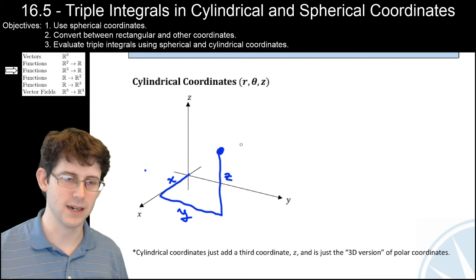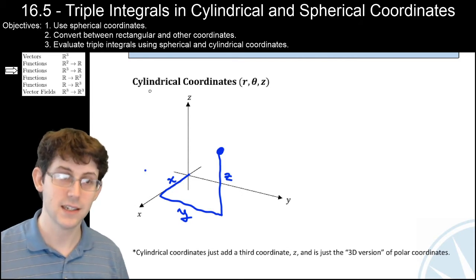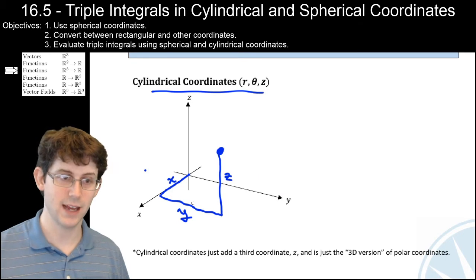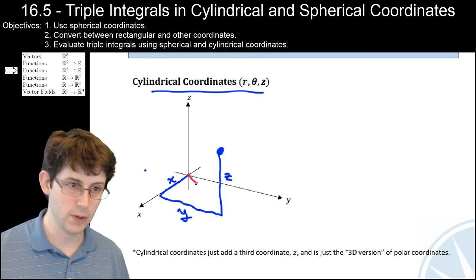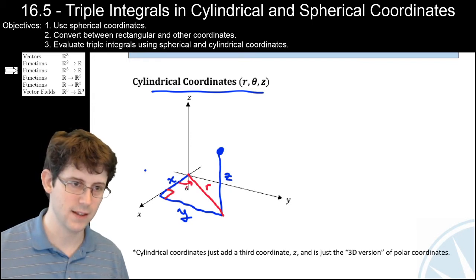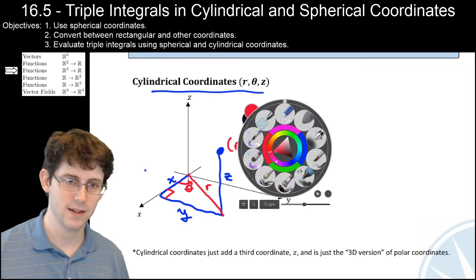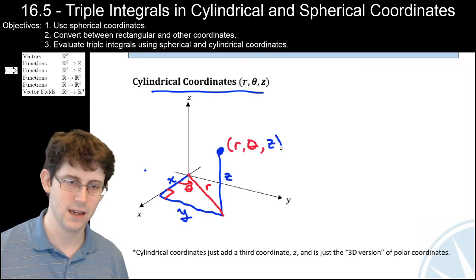You get some point up here, call it x, y, z. In cylindrical coordinates, you leave the z alone, but you switch out the x and the y for polar coordinates r and theta. Here's r, and here's theta.